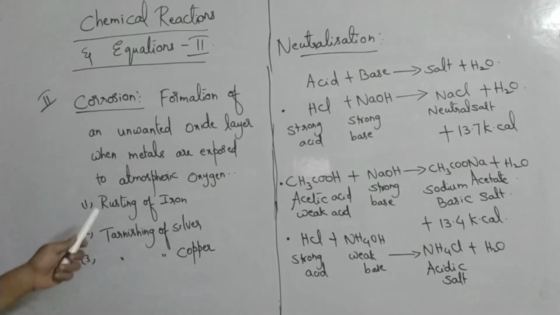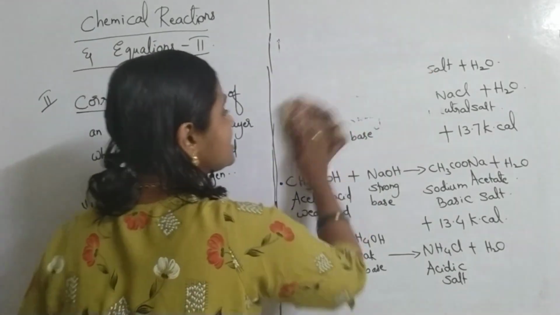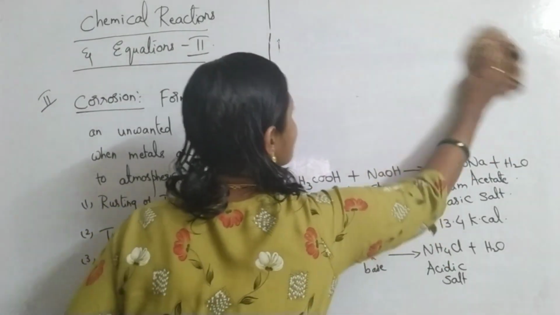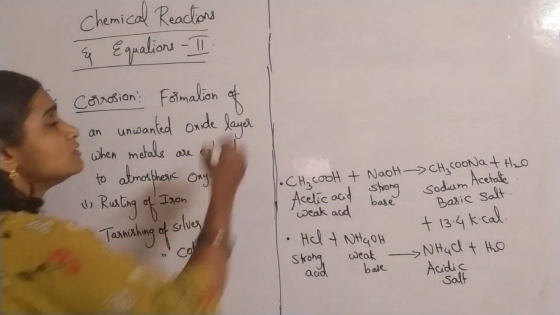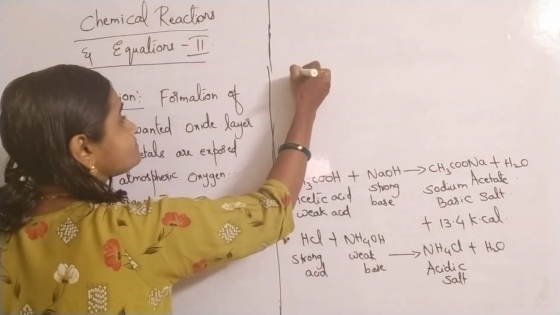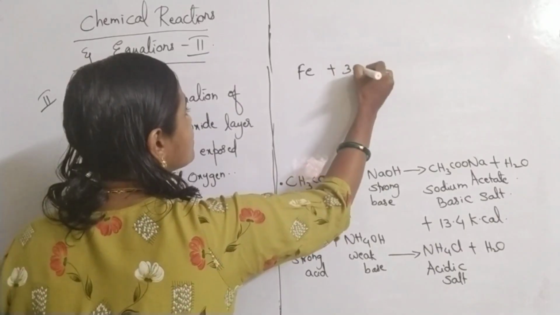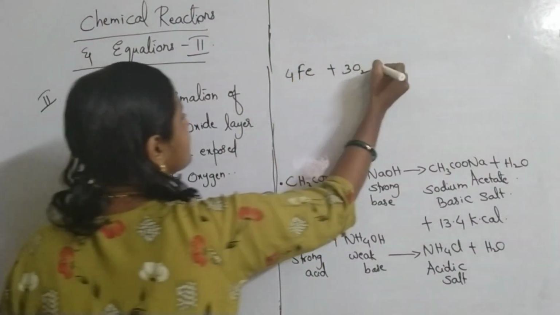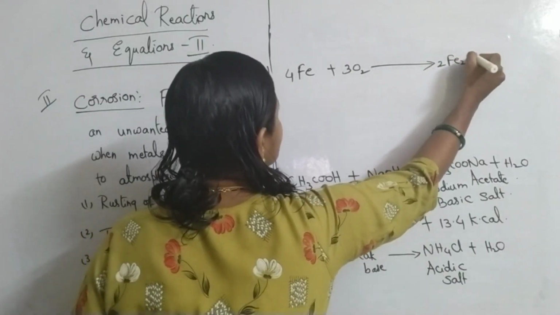So formation of rust, rusting of iron. When iron articles are exposed to atmospheric oxygen, they get rusted. So there forms an unwanted oxide layer. 4Fe plus 3O2 gives rise to 2Fe2O3.